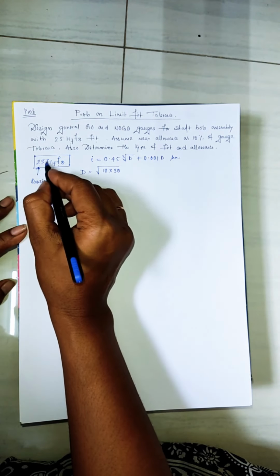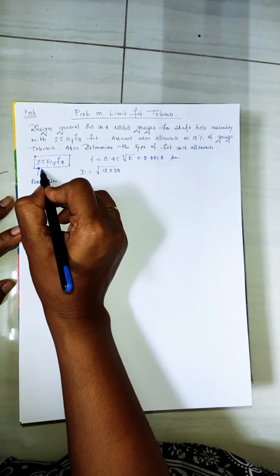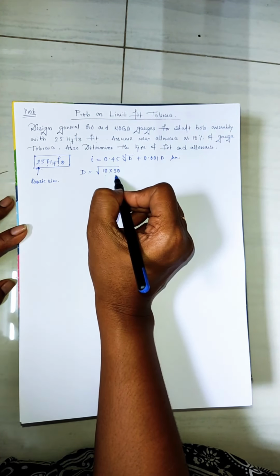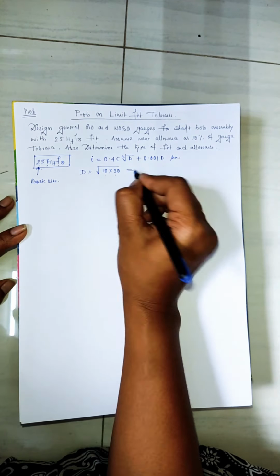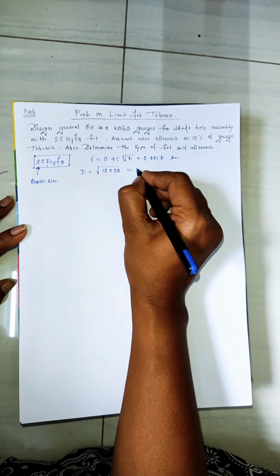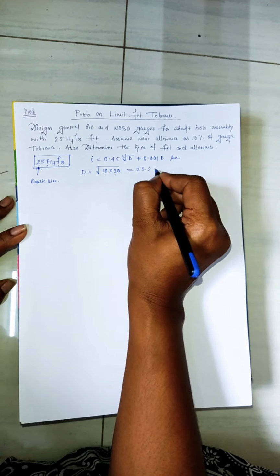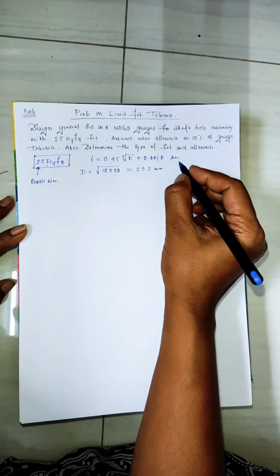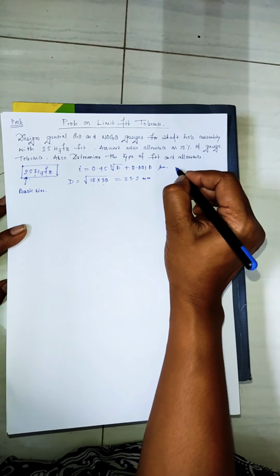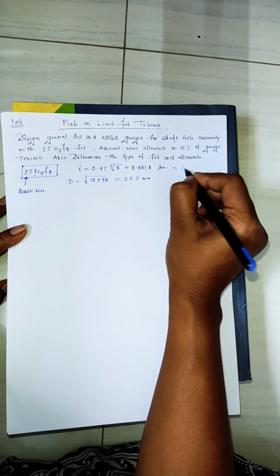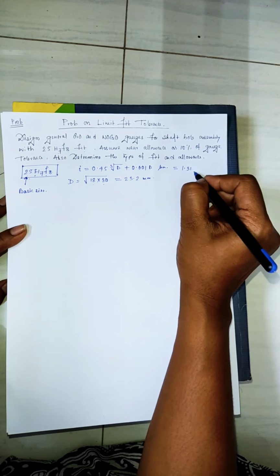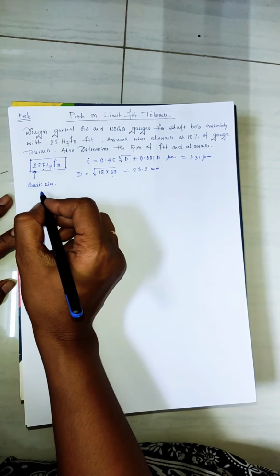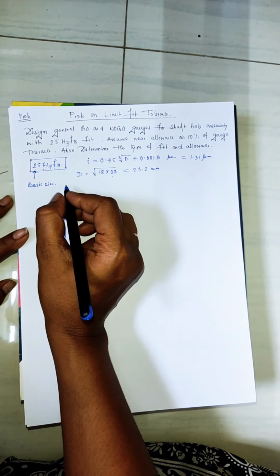So 25 is a basic size, and this basic size falls in between the diameter step 18 to 30. So various types of diameter steps are there. That is equal to 23.2 millimeter. So from that value I calculated i, which is equal to 1.31 micrometer.